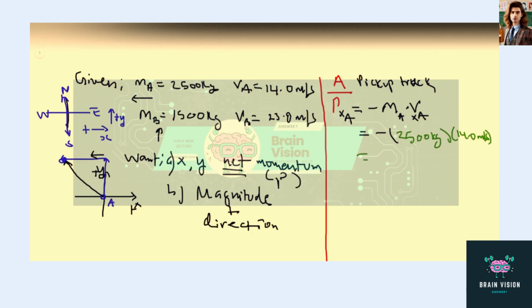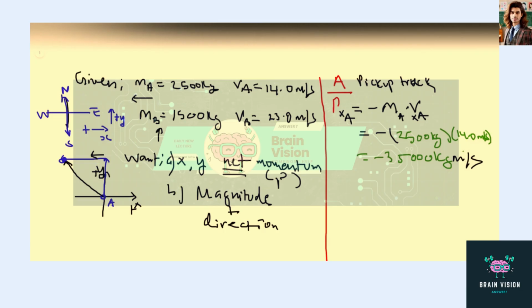And so we have a momentum of negative 35,000 kilogram meters per second. And that's the momentum in the x direction for the pickup truck.